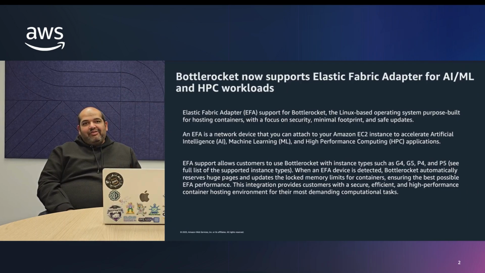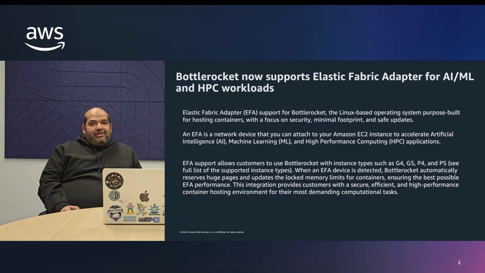So next one you have is an interesting one related to Bottlerocket. Our customers have been running HPC and machine learning workloads. Now for these workloads, there has to be low latency, high throughput inter-node communication. And for that, we have Elastic Fabric Adapters. These are network devices which accelerate the traffic which needs to go from one node to another in things like distributed machine learning applications.